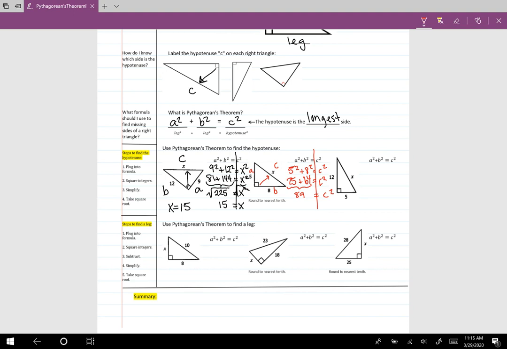And we'll take the square root to get c by itself. So it does say round to the nearest tenth. The square root of 89 on the calculator is 9.4, rounded to the nearest tenth. So c equals, or x equals, 9.4. Okay, please pause the video now to complete the third question on your own.